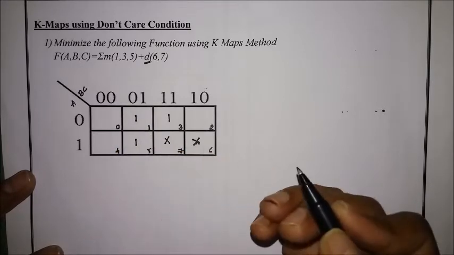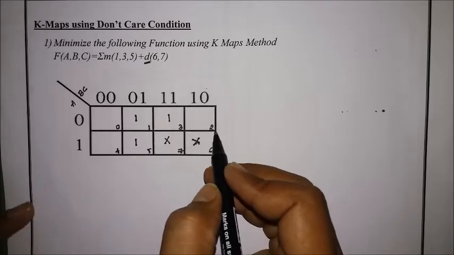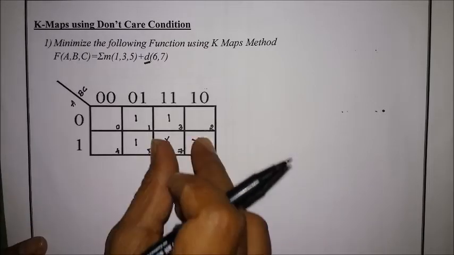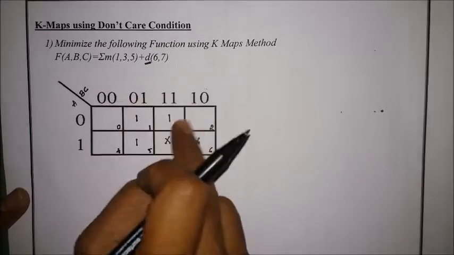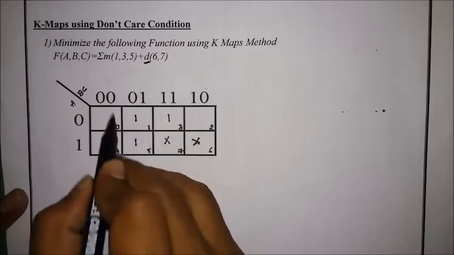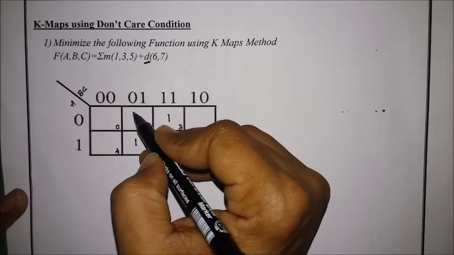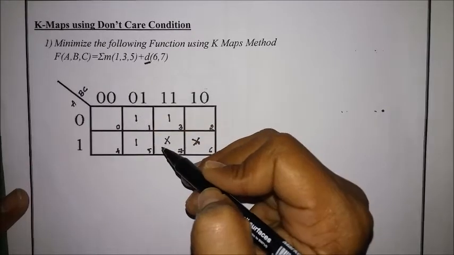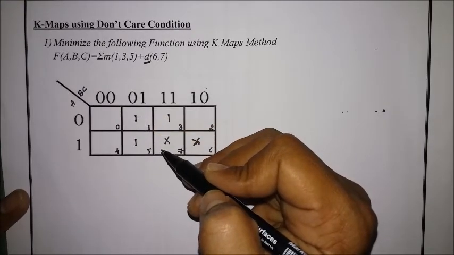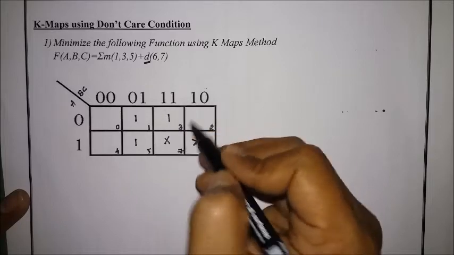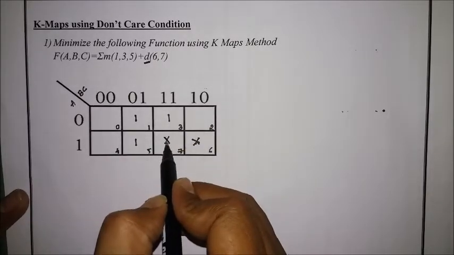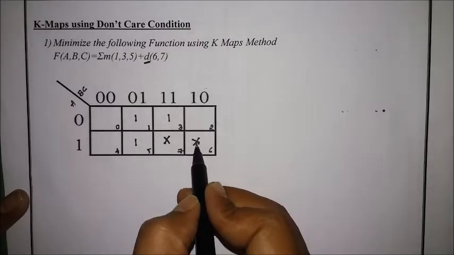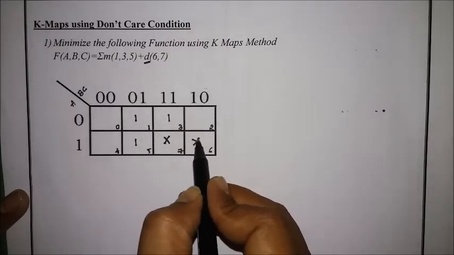In this particular example, without don't care entries, I can get two terms. One is grouping these two, the other is grouping these two. But as I said, it is not mandatory to consider a don't care entry in all cases. To make a group of 4, I can consider this x, and there is no need of the other don't care entry.